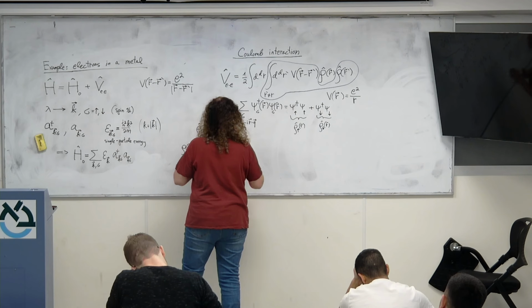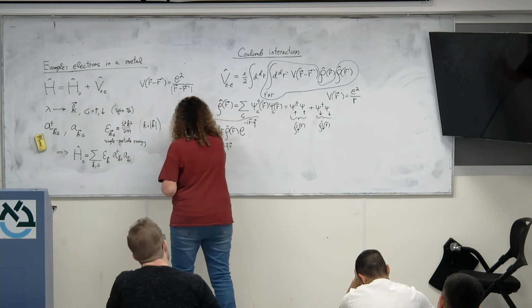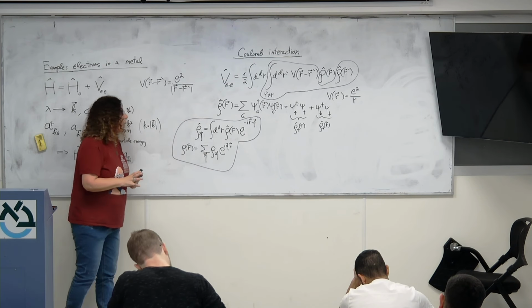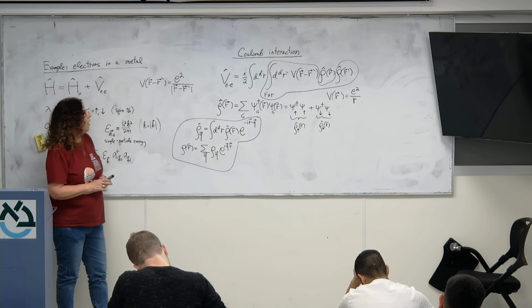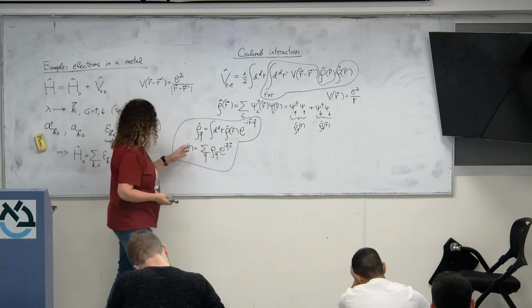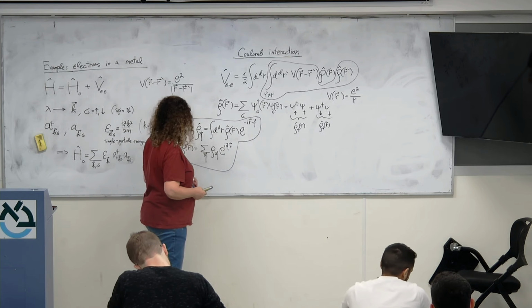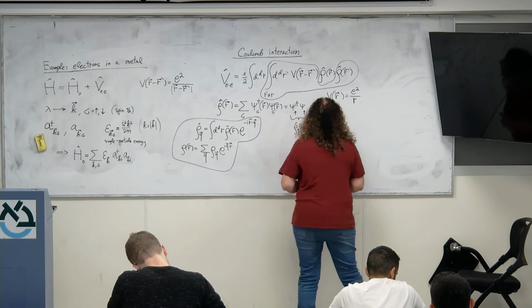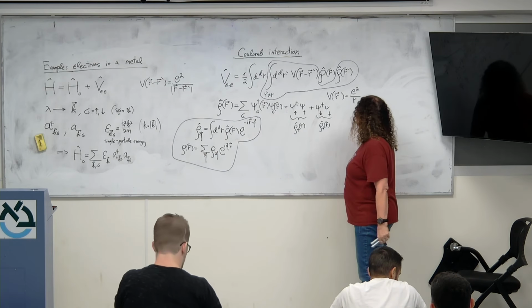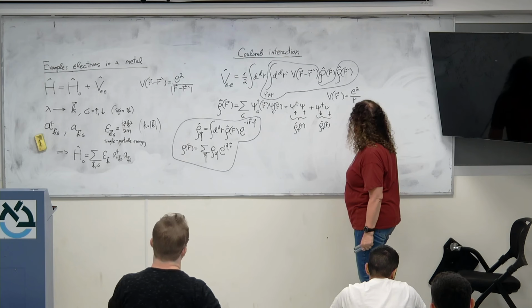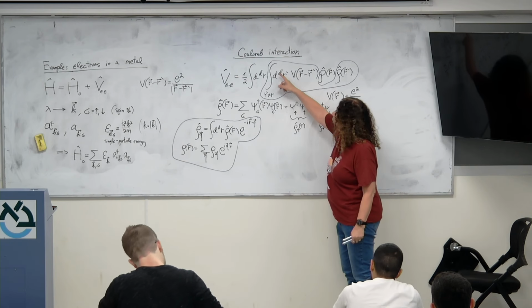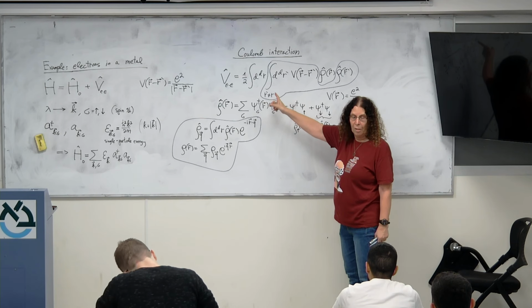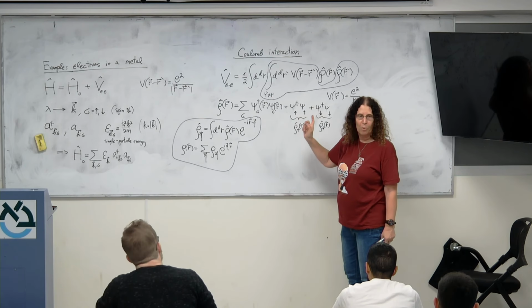So let's isolate this definition. And now let us use this Fourier representation, noting the fact that the Fourier transform of a convolution is the product of Fourier transforms.